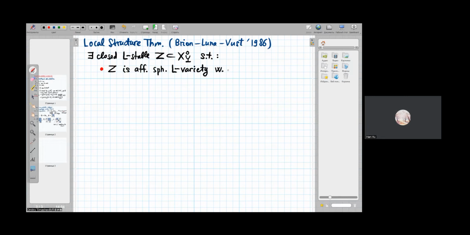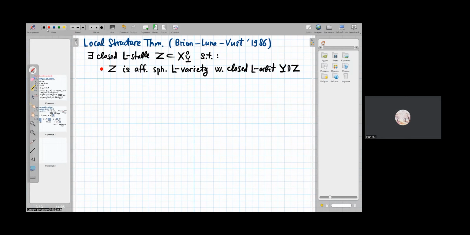It contains a unique closed orbit. So the closed orbit in Z is exactly the intersection of the orbit Y with Z.